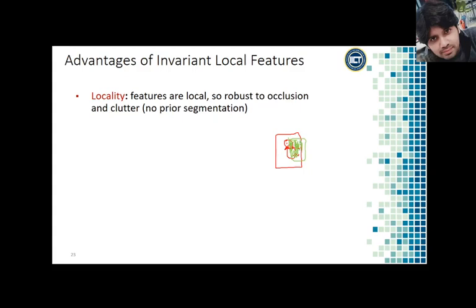So this is a partial occlusion where we can only see this part of the image, and this part of the image is hidden by a particular object. The locality of the local features makes us robust to this kind of occlusion and clutter.